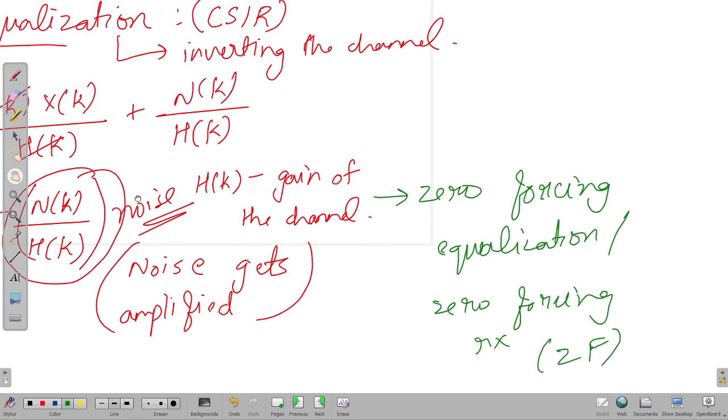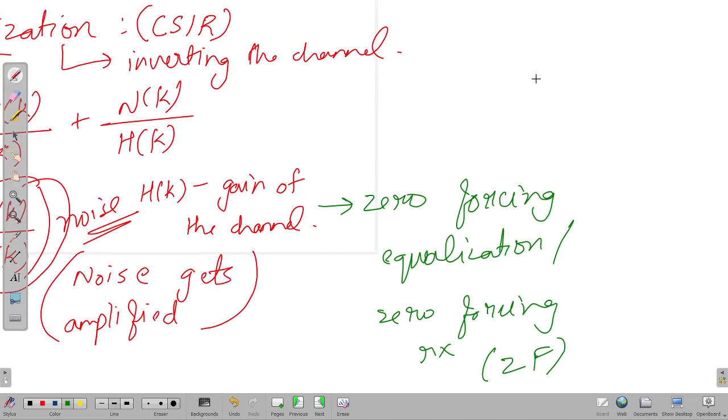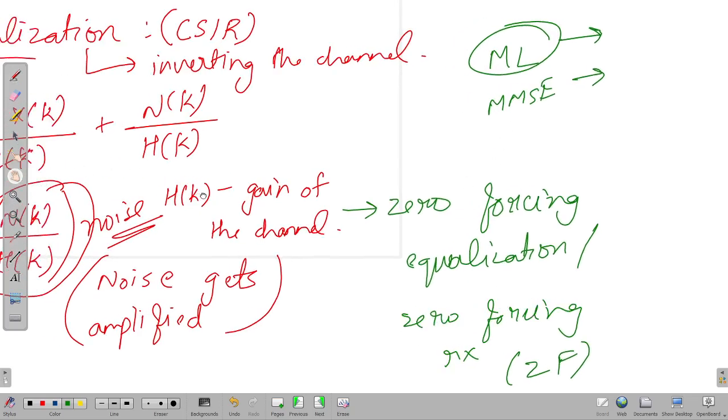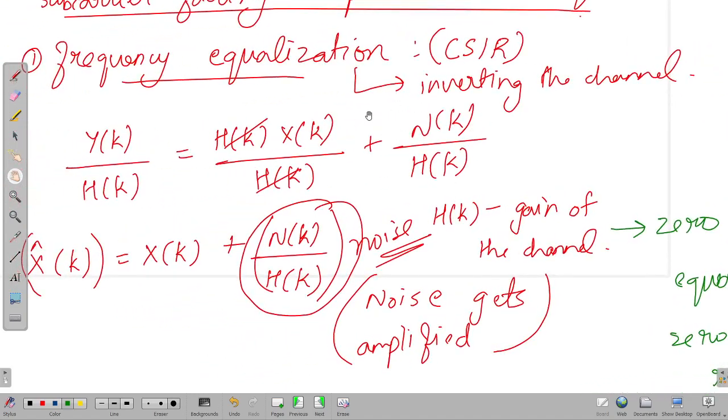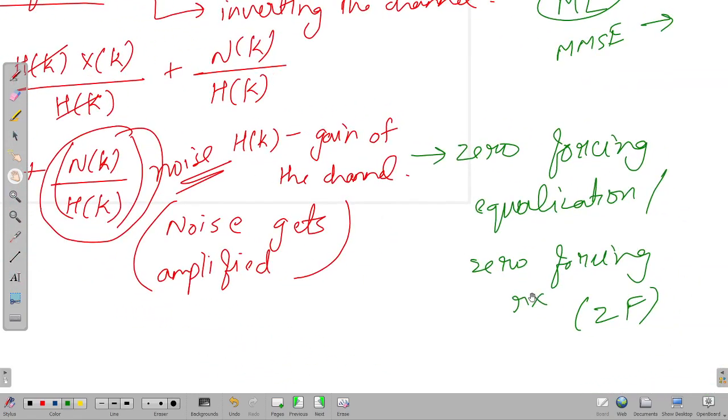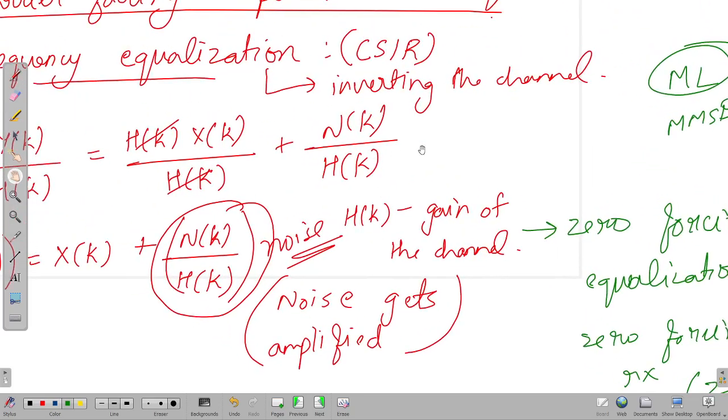There are a number of reception techniques. The technique that gives you the best reception, the best estimation, is ML, maximum likelihood reception. That is the best reception estimation technique. Then you have MMSE estimation, which gives you a bit error rate better than zero forcing equalization, but due to the symbol calculation that you have here, zero forcing equalization is the most popular method among all the other methods.